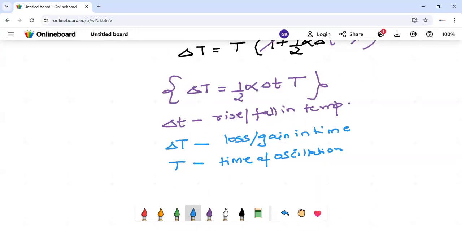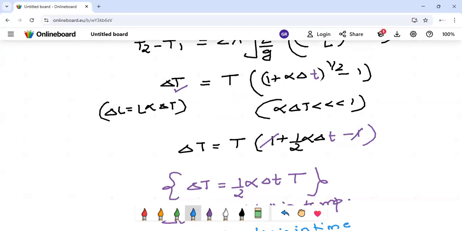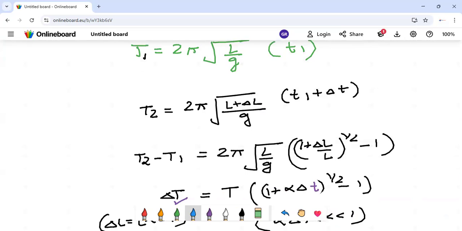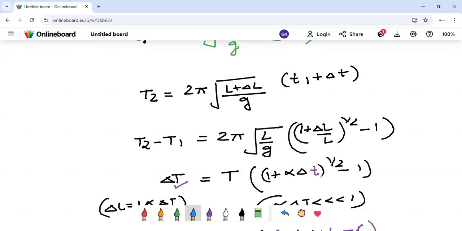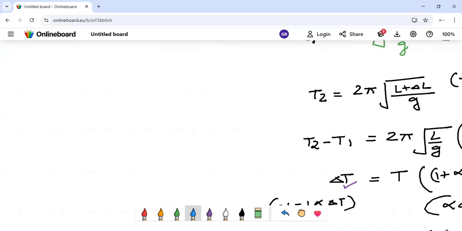Could you please show the expansion in 2 pi root over L by G taken common? One second. You are asking about this T2 minus T1, yes. What I have written is 2 pi, root g is common, so I can take root g out.